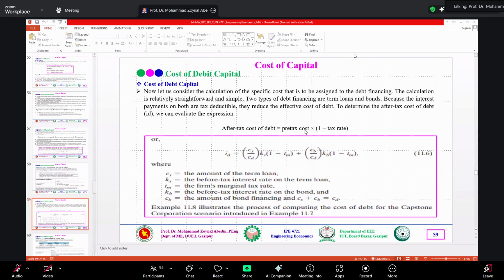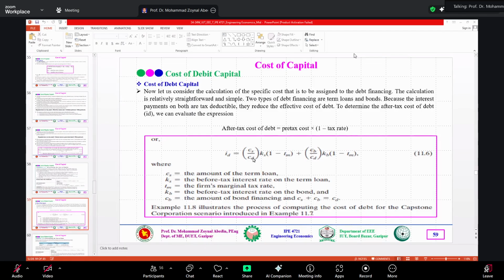Pre-tax cost will have two ways: one for the loan, another for the bond. So now let's talk: CS is the loan term. CS is related to KS, CB is related to KB, B representing the bond, S representing the loan. So that's why the total is CD.